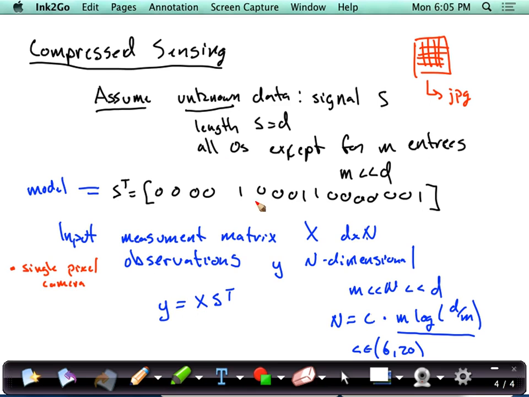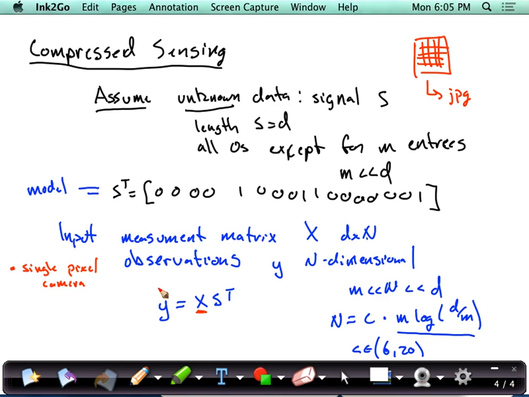And so what people have done is they've figured out this single pixel camera, where this matrix X, essentially each row of the matrix is a measurement of the entire data set, but it gives you just a single value, a single pixel.